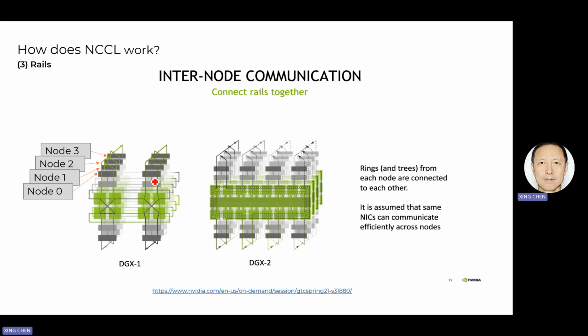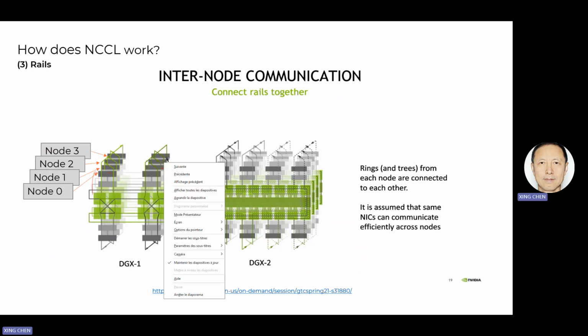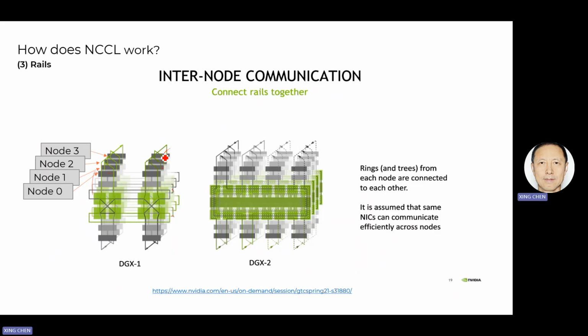So here we stay with this example: you have 4 nodes. The first one, the nearest one, is node 0, and then you have the second one. Here it is. This is node 2, and then you have node 3.